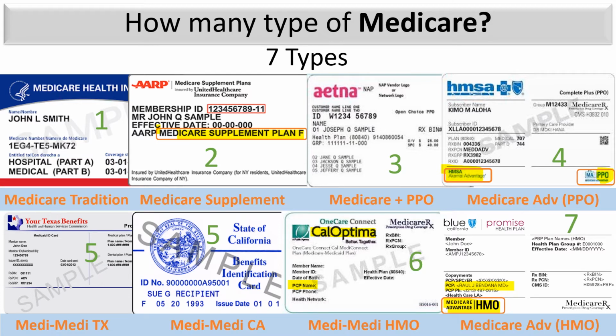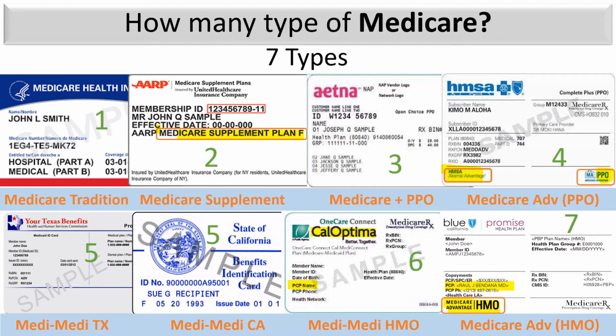Number 4, we require pre-auth before you render treatment. Number 6, I changed to number 4. Number 6 right now used to be number 5. So now it's number 6.